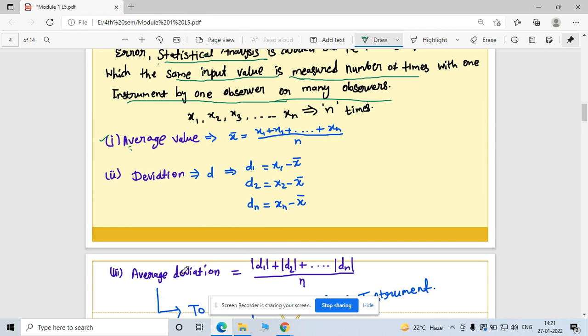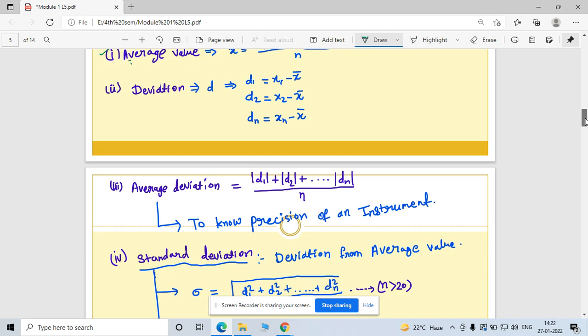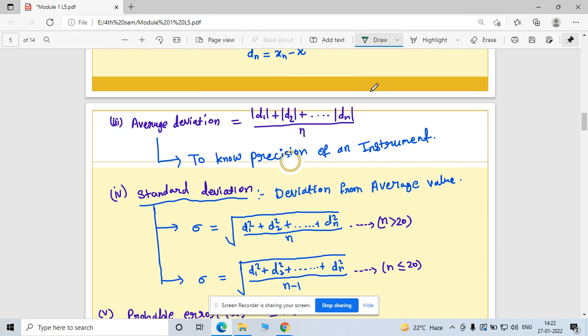So in average deviation you take all of the readings, and please note that you need to take the absolute value of all these deviations. We take the average deviation to know the precision of the instrument.